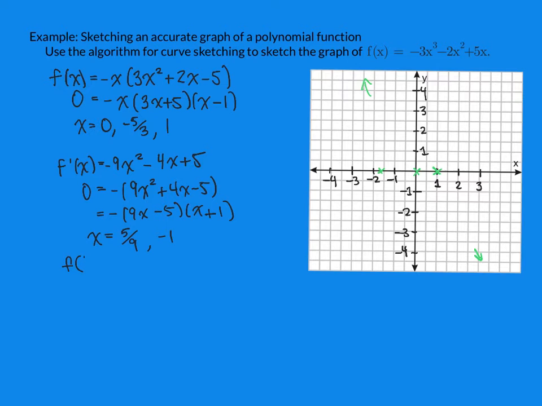So we need to consider where f at 5/9 is going to lie. And it will turn out to be approximately 1.6. We can do these pieces in approximates because there's no way we can be that accurate in a sketch anyway. So using approximates with 1 decimal place for this purpose is fine.